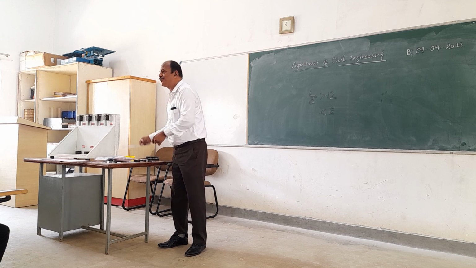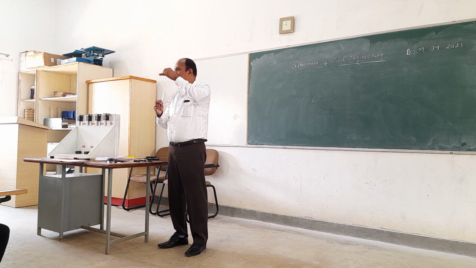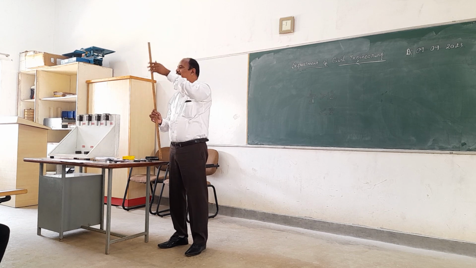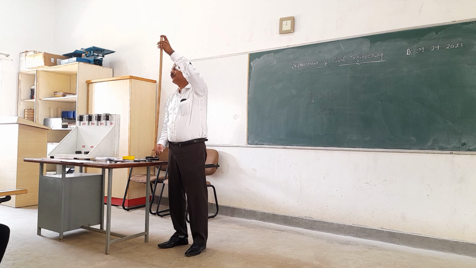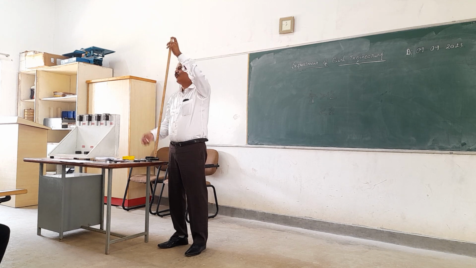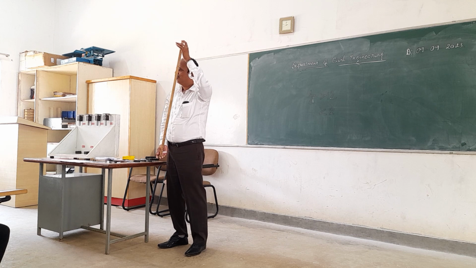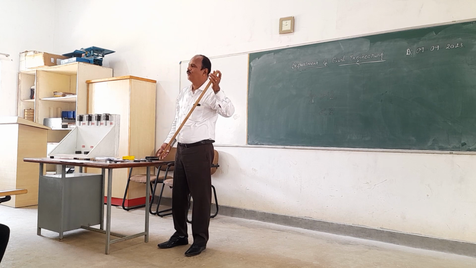If it is an intermediate column, it is subject to both compressive as well as bending stress. If the length of the column is too large, that is, if the height is very large, it fails mainly due to bending stress, and the compressive stress will be lesser. The failure is mainly due to the buckling load.